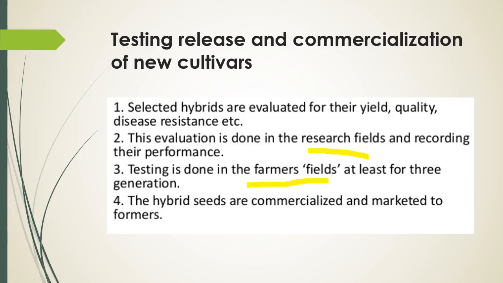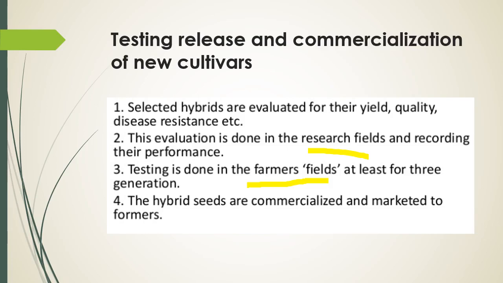After this, you have to transfer these plants into soil, a real place where a farmer can grow the seed. That's why it is called the farmers' field, and you have to test it for at least 2 to 3 generations.